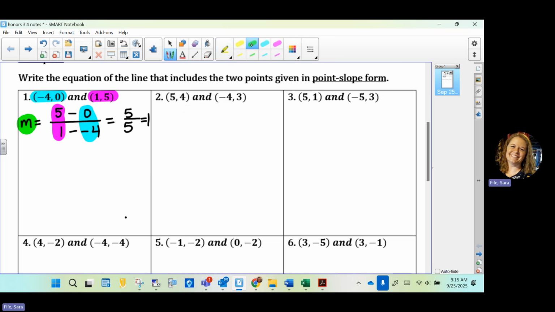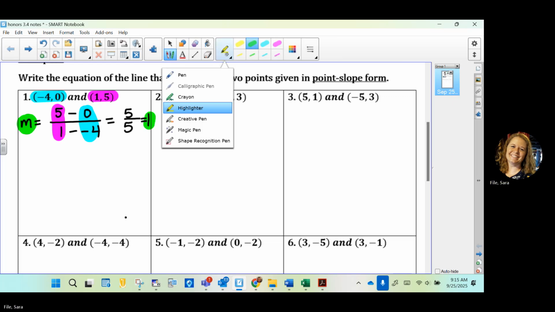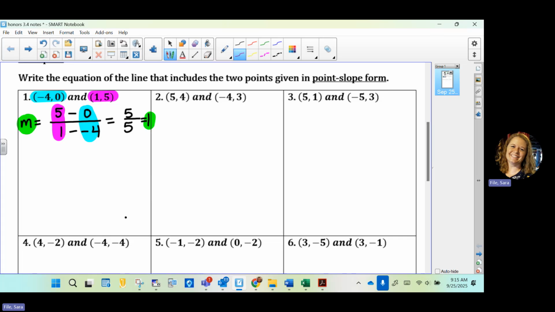So now I'm going to take that slope and either one of those points, and I'm going to plug in to point slope form. Okay, so which point do y'all want to use? 1, 5? Yes. Okay. So the x is 1, the y is 5. See, it didn't matter which one I used.